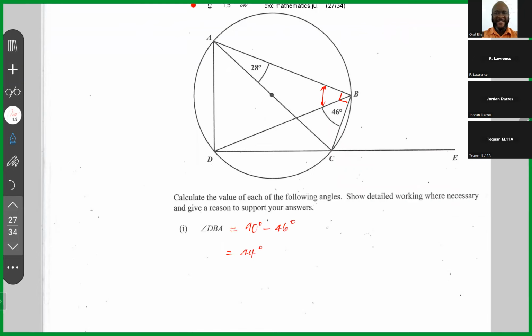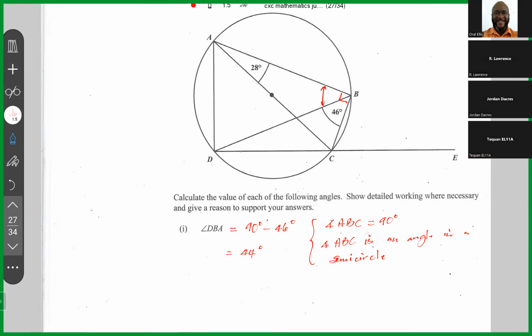And the reason for that is that angle ABC is equal to 90 degrees, and that angle ABC is an angle in a semicircle. So the angle in a semicircle equals 90 degrees. The line AC is a diameter, and the diameter divides the circle into two halves.